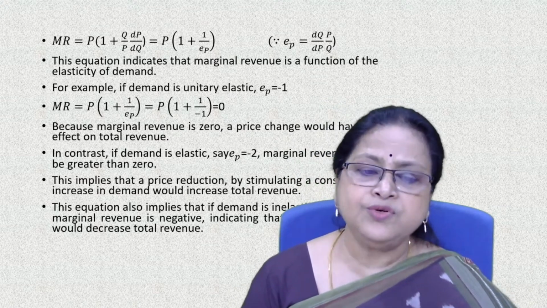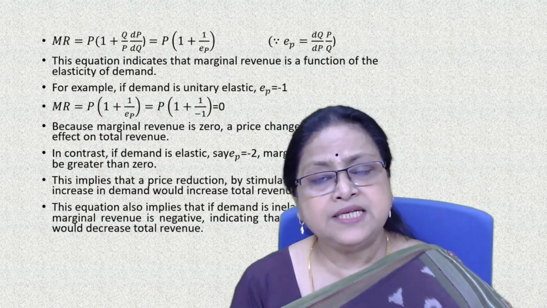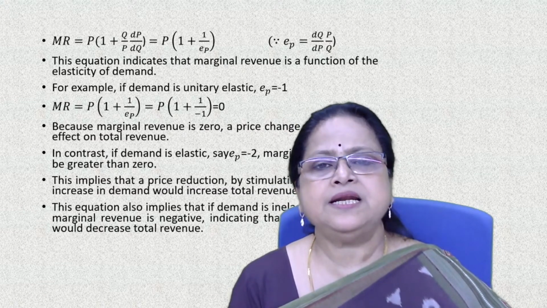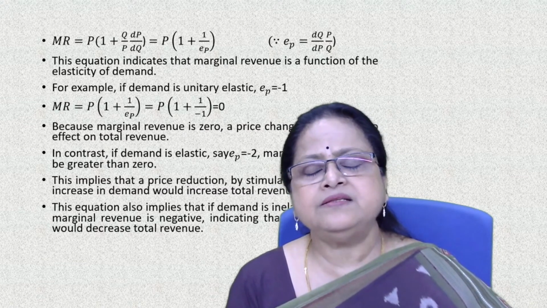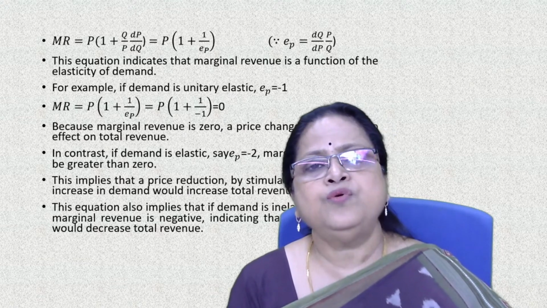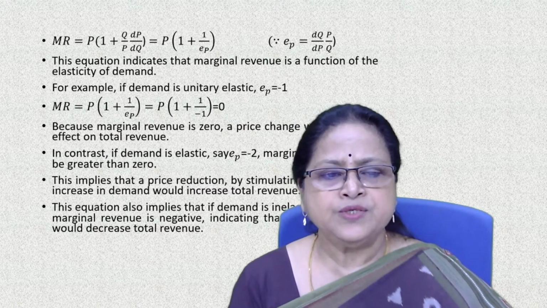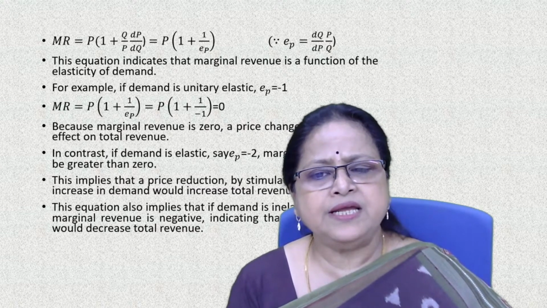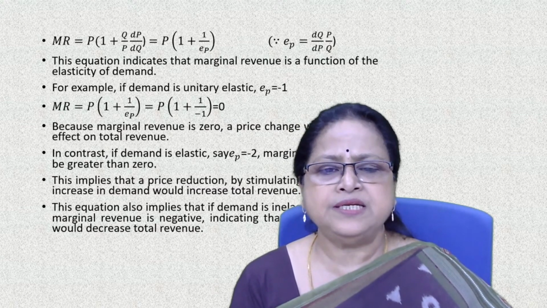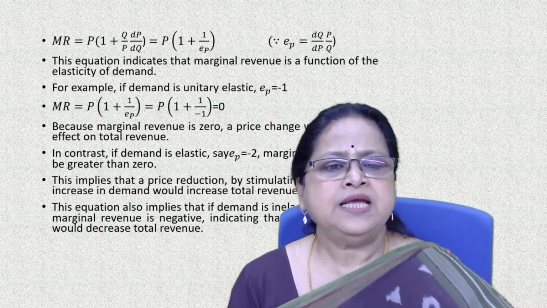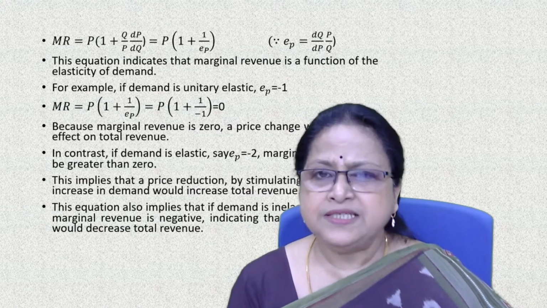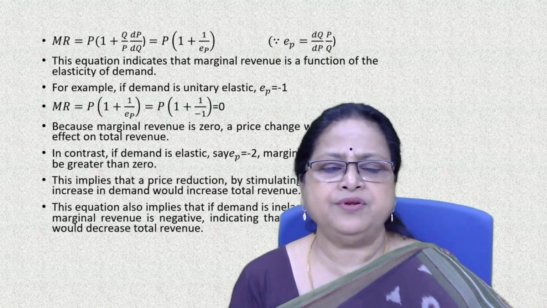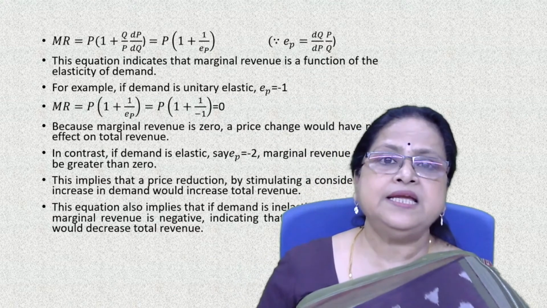This equation also implies that if demand is inelastic, say EP is equal to -0.5, marginal revenue is negative, indicating that a price reduction would decrease total revenue. So a price reduction would increase total revenue when demand is elastic, and a price reduction would decrease the total revenue when the demand is inelastic.